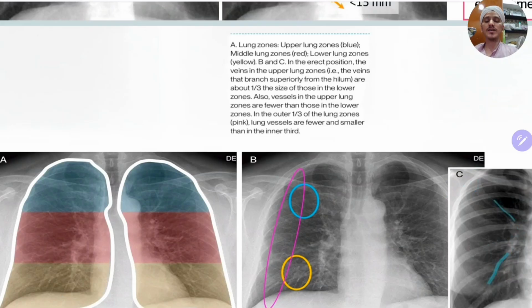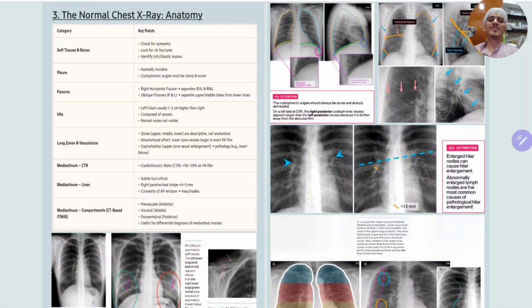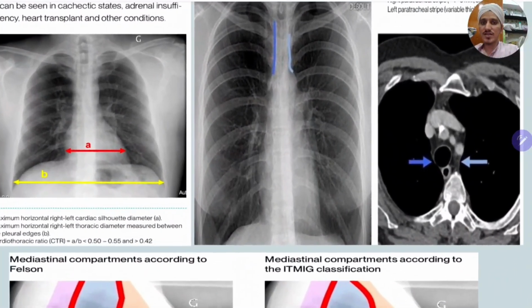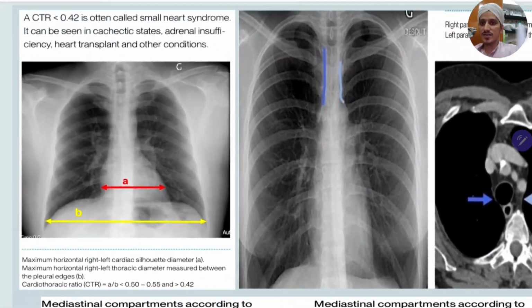Okay, so these are the things we are discussing about a normal chest X-ray, how it looks. Now see this one, this chest X-ray.